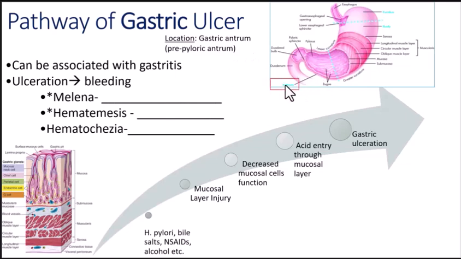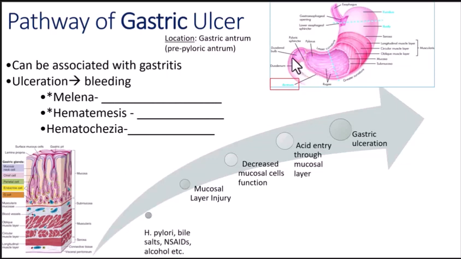So if we look here at this image, this region right here is considered the pyloric antrum. It's really the initial portion before we get to the pylorus here, near the bottom of the stomach, just proximal to that pyloric sphincter that we know separates the stomach from the small intestine.